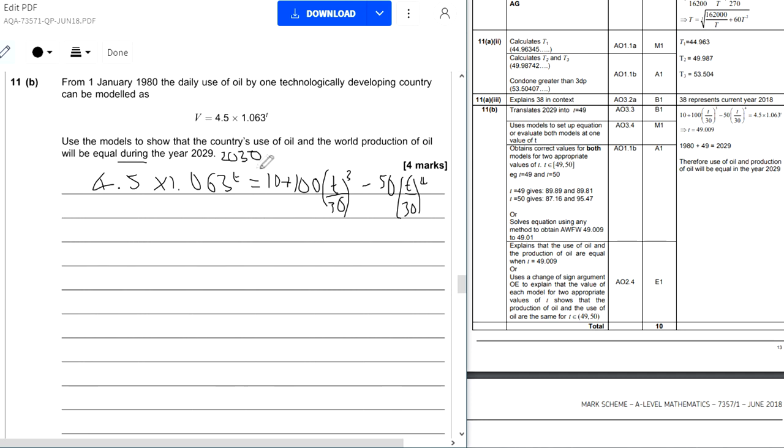What we need to do is show that between 2029 and 2030, the values of these two, one surpasses the other. So we can show that 2029 is analogous to t being 49.